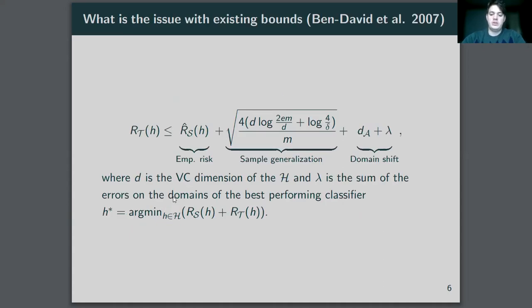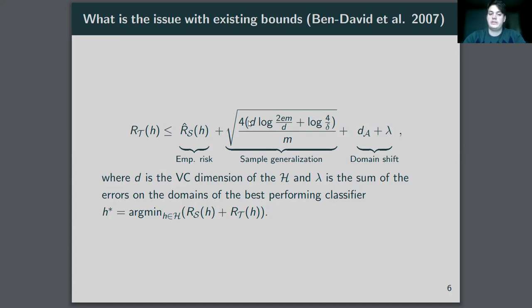If we just look at this classical standard learning theory, we get something like the bound from Ben David et al., where we have the target error is bounded by the source error for some classifier plus some sample generalization term, and also some associated domain shift terms here.